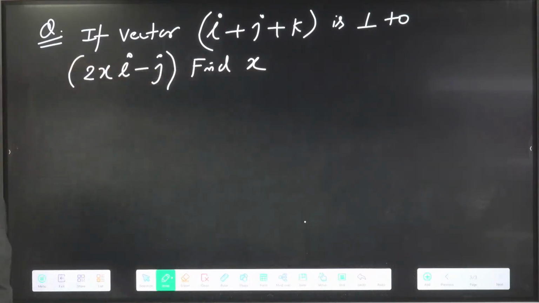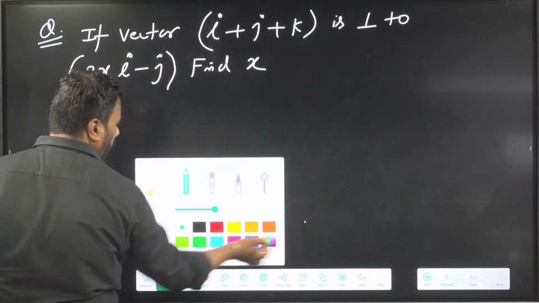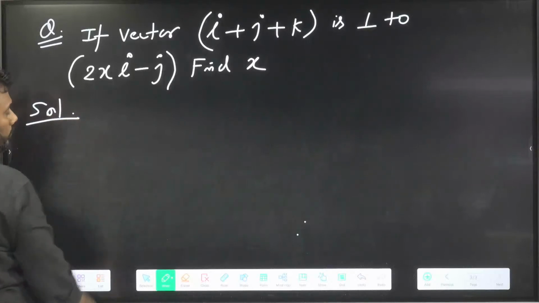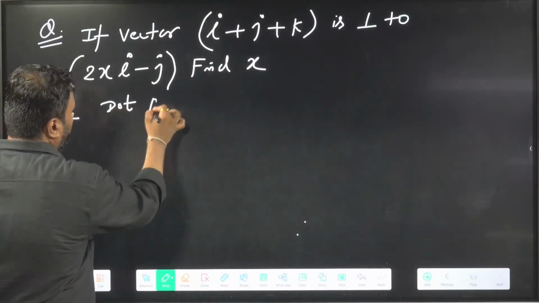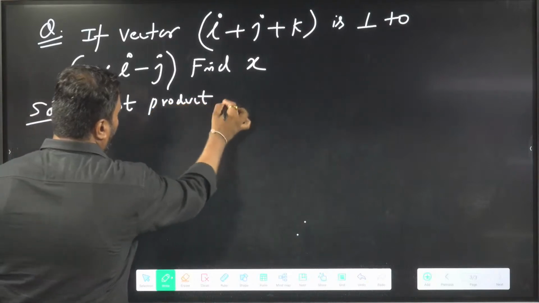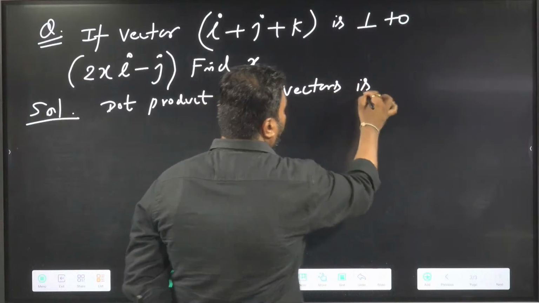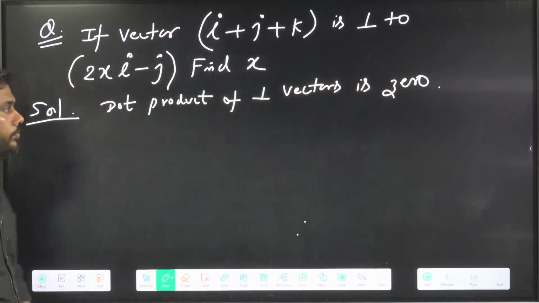Hussain, very good. If the vectors are perpendicular, the dot product must be 0. Use this property: the dot product of perpendicular vectors is 0. Just use this property, you will get your answer.